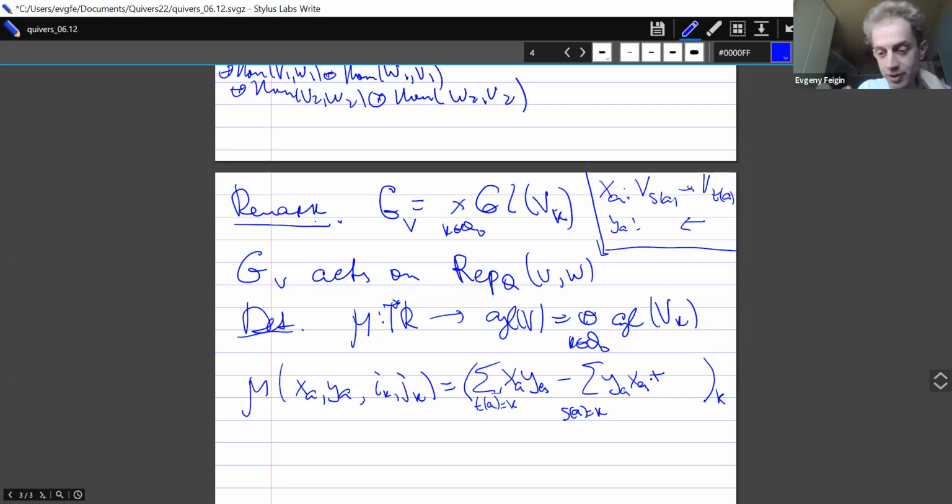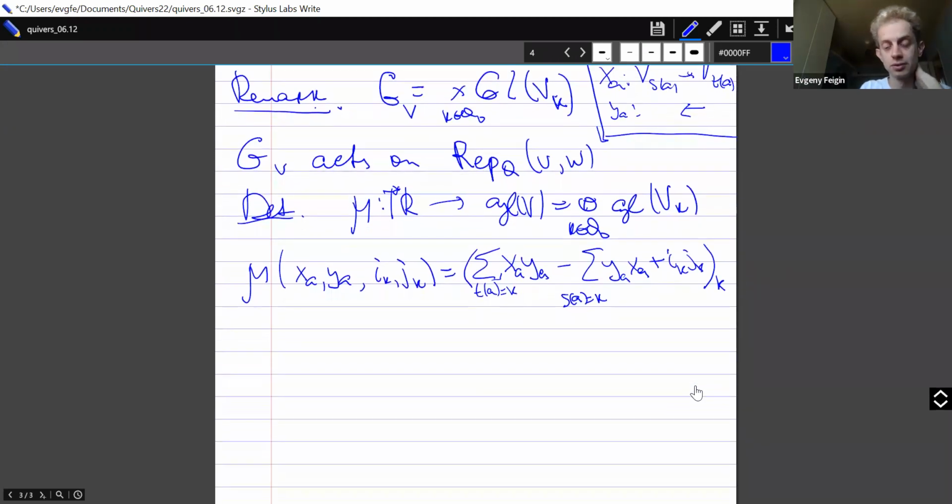Right. Just we can write I_K J_K. So J_K is a map from V to W, and then we are back by the action of I. Okay. So this is the definition.